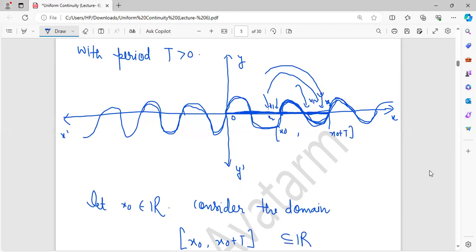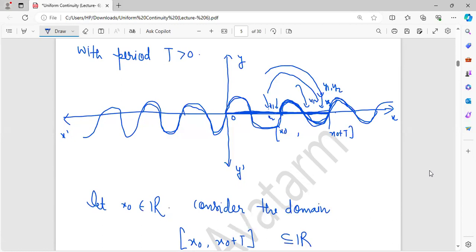You can select another point y1, y2 here whose difference is the same as the x1, x2 difference and their values are the same. f(x1) is equal to f(y1), f(x2) is equal to f(y2), because the function is periodic. Suppose some point is existing here, some point is existing here. Same thing you can do. You can select a point here and some point here. Still the case is settled.